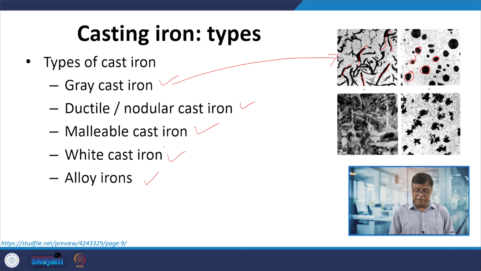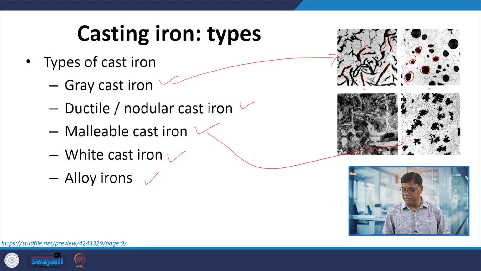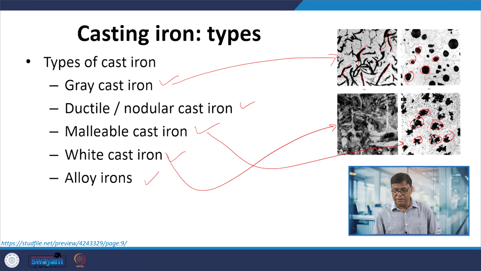Then the malleable cast iron is one where irregular shaped clusters of graphite are formed through heat treatment, and white cast iron will have carbides, meaning the carbon is in combined form, primarily in the form of iron carbides. Due to the high carbon content and very high cooling rate conditions under which the white cast iron is formed, it will have martensite and iron carbide.